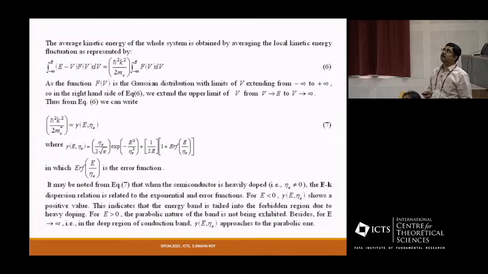This potential function depends on the error function, for eta not equal to 0 or energy less than 0. The function's energy in the screening potential is basically +1. If it is +1, the energy band tails into the forbidden region and forms a band tail like this.